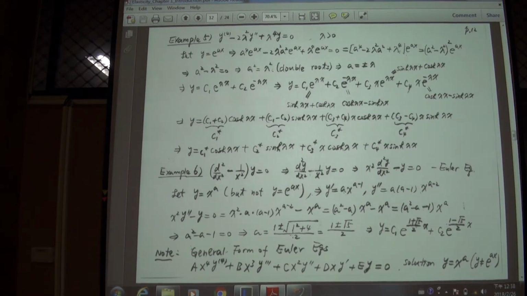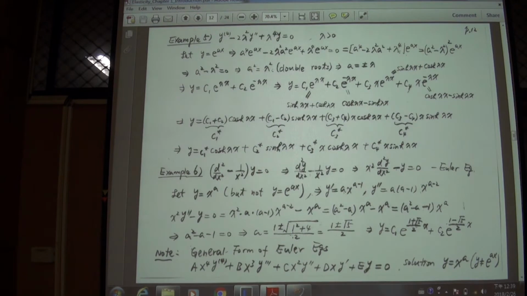Let us look at example 5, which is a little bit more complicated. First, we deal with a fourth order equation. Here y bracket 4 means that we differentiate y 4 times, and then we have minus 2 lambda squared y double prime plus lambda to the 4 times y equals 0.